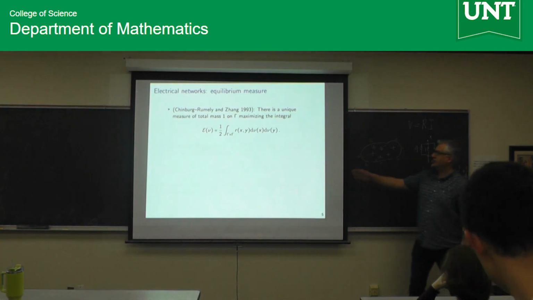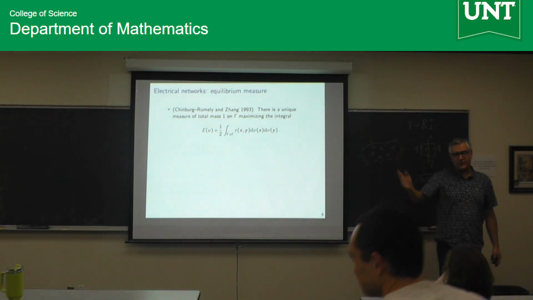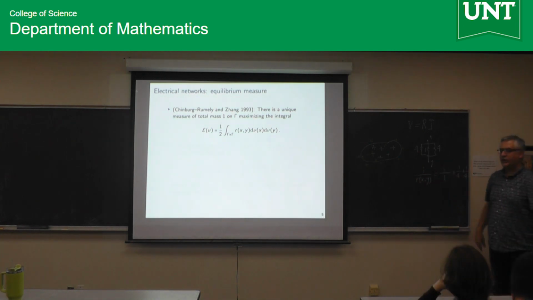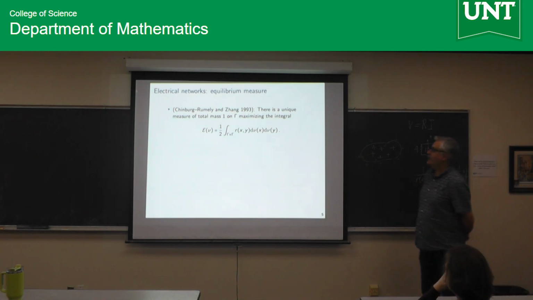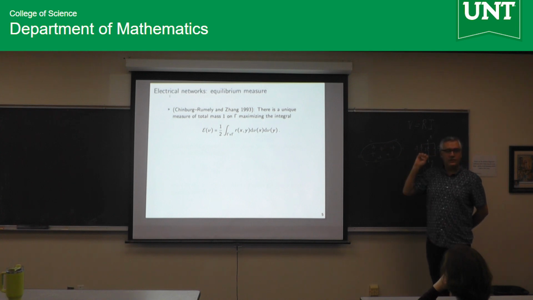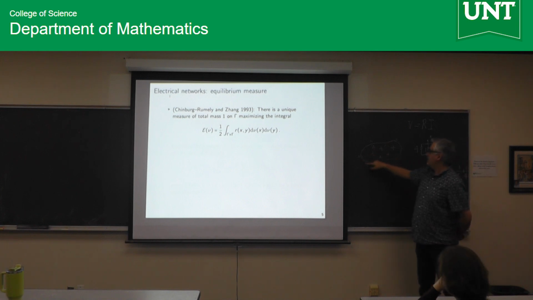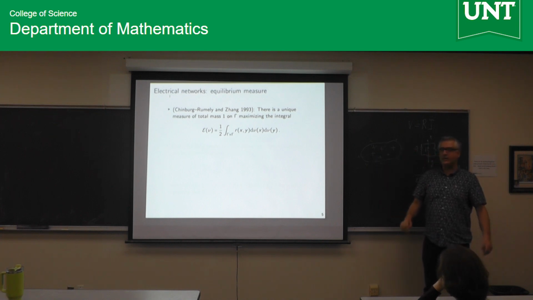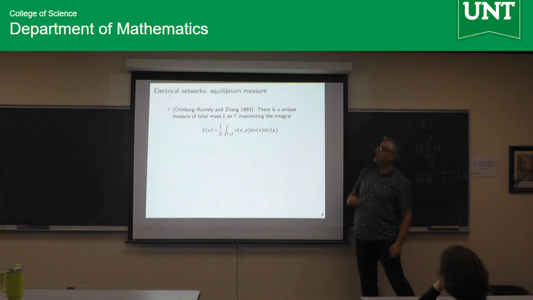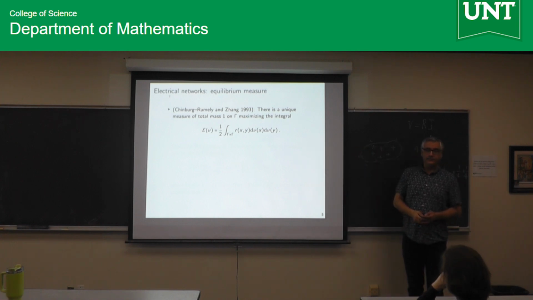I have a notion of this effective resistance, which you can prove is a distance function, in fact, but don't worry about it. And I'm saying that there is some configuration, like this yellow configuration on the graph, that maximizes the total sum of mutual distances. Okay? And in fact, you might want to think of this yellow configuration as equilibrium. When things settle down, what happens? You might want to call the maximizing configuration also the equilibrium measure.